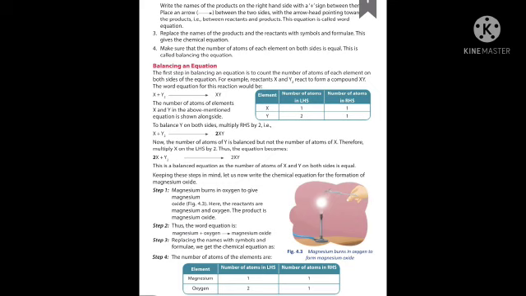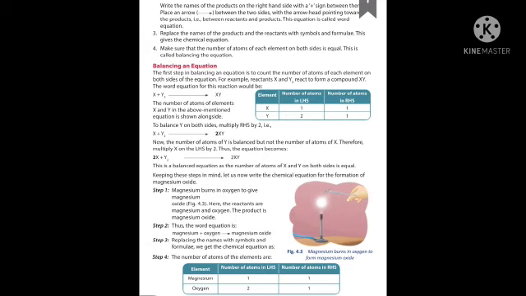So this is about the chemical equation. Then how to balance? The fourth step we studied was balancing the equation, so about that we can learn now. The first step in balancing an equation is to count the number of atoms of each element on both sides of the equation. Example, X plus Y2 react to form a compound XY.